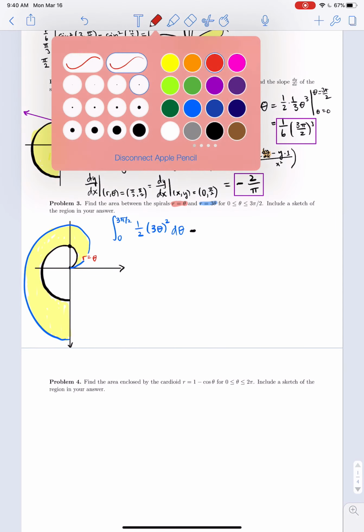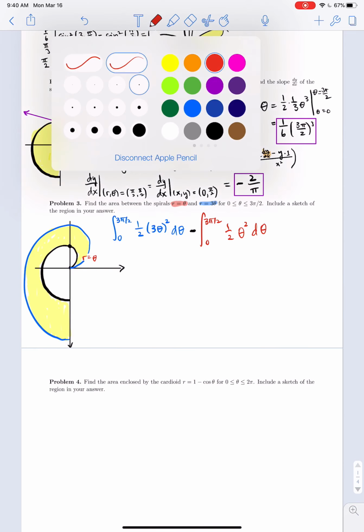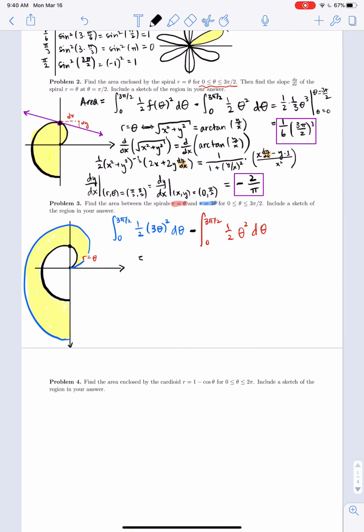And that region is the integral from 0 to 3 pi over 2 of 1/2 times our function there, theta squared, d theta. So when we combine these two integrals that have the same theta values, we're looking at the integral from 0 to 3 pi over 2 of 1/2 times (3 theta) squared minus theta squared, d theta.